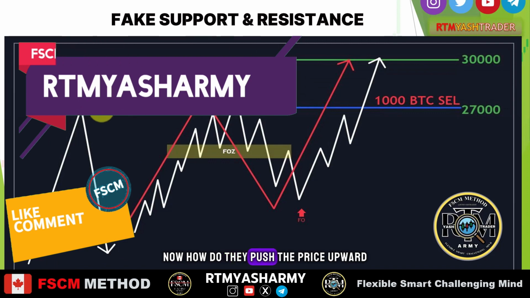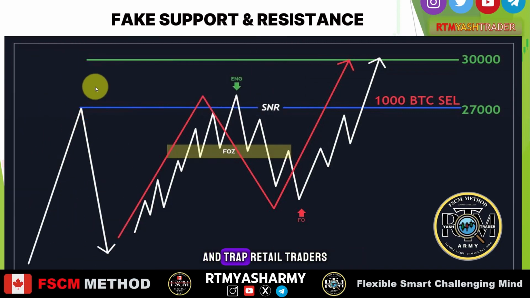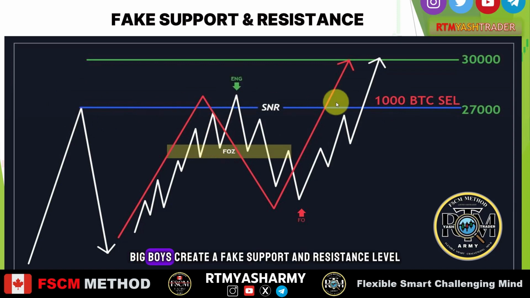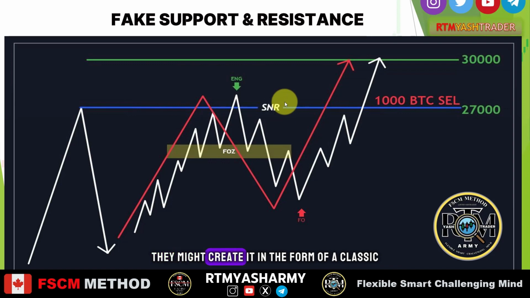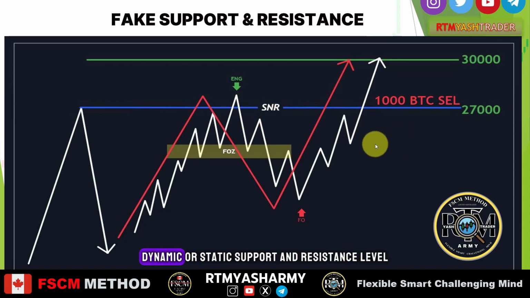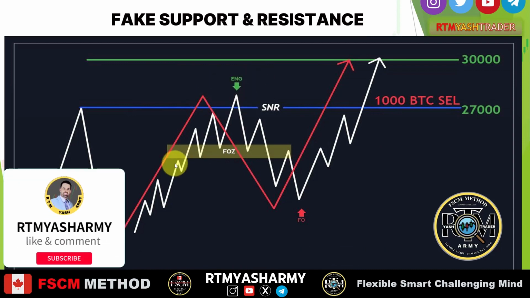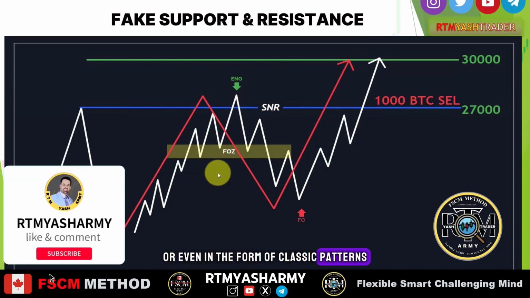Now, how do they push the price upward and trap retail traders? After the fake out, big boys create a fake support and resistance level. They might create it in the form of a classic dynamic or static support and resistance level, or even in the form of classic patterns like triangles or wedges.